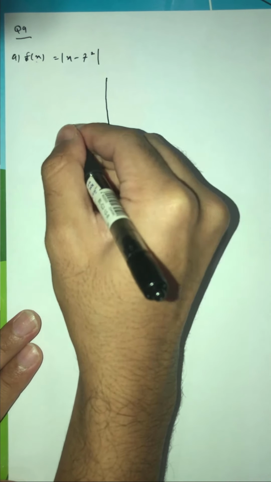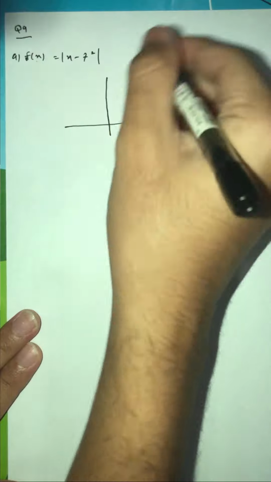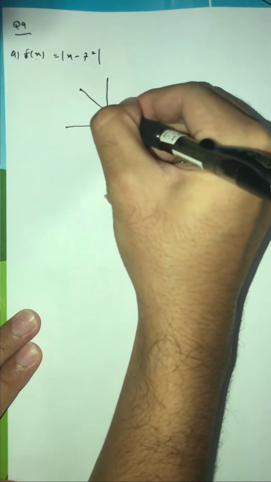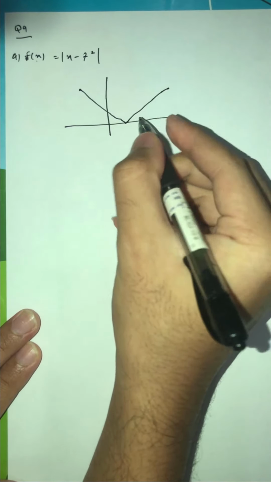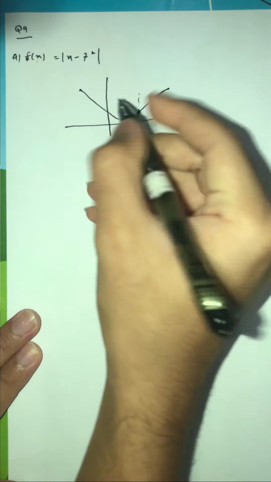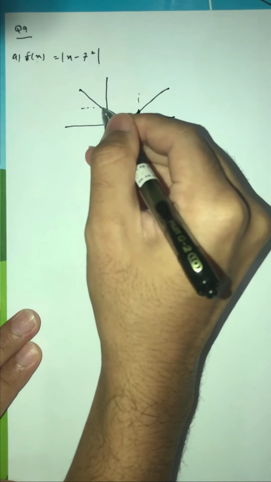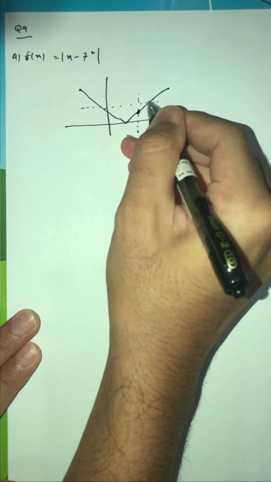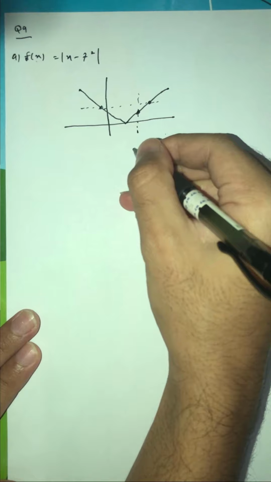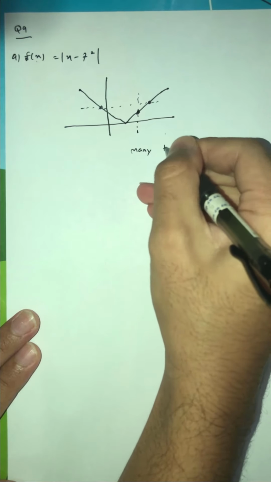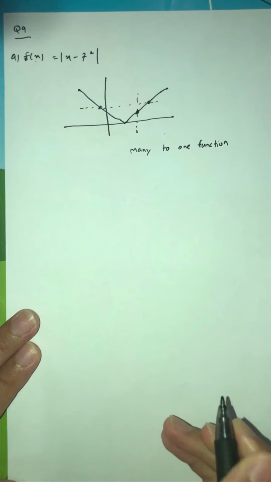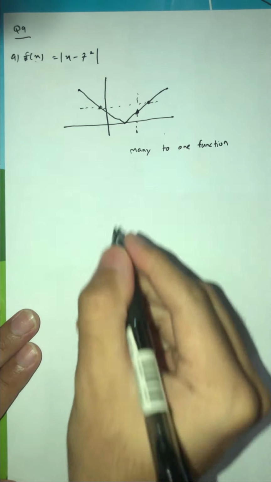So if you draw this, even if you see the equation, you'll know that the shape is somewhat like this, right? So the vertical line test will give you one intersection, and the horizontal line test will give you more than one intersection. So this is a many-to-one function.